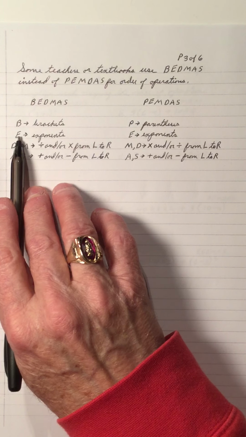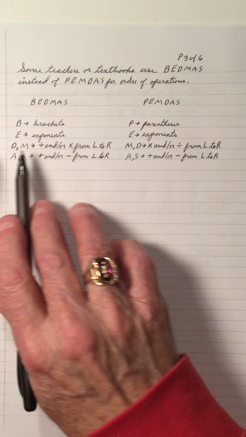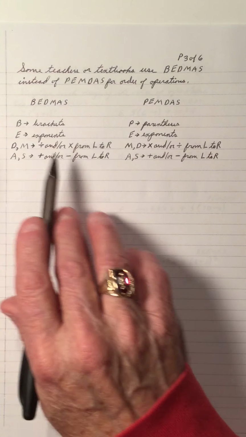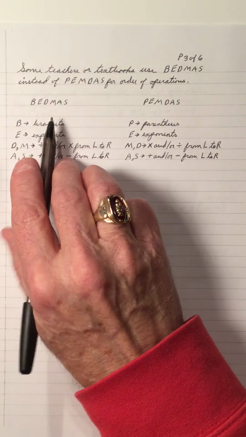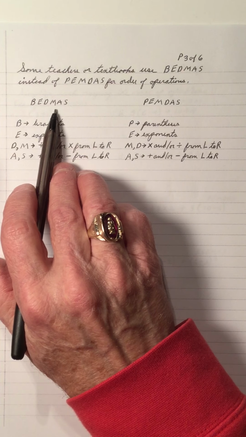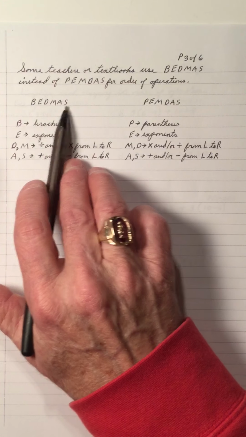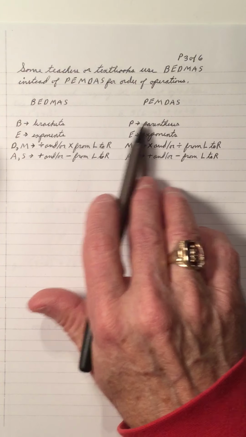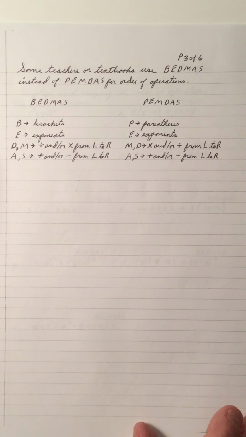Then you go on to exponents, division, multiplication, multiplication, division makes no difference. Addition, subtraction. Because I'm in Canada, I use BEDMAS. I've learned and taught this way. But if you hear me say brackets, or you see parentheses, don't mind. You know what I'm talking about.